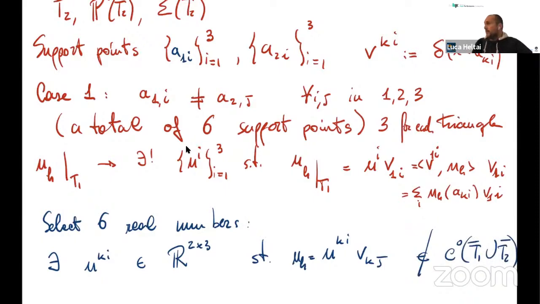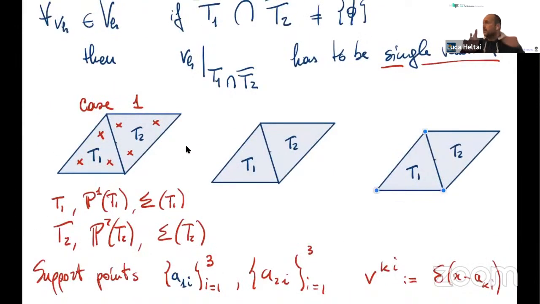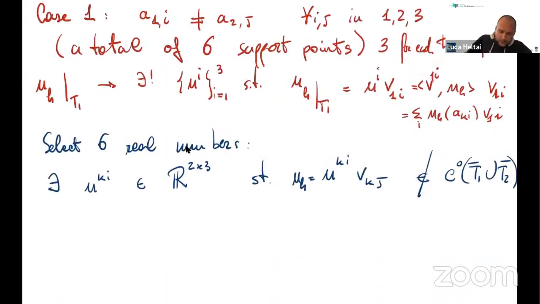And the reason is simple. You can select arbitrarily 2 functions here, and you can have objects which are absolutely non-continuous on the 2 planes. And why is this a problem? Well, it's not a problem if you're trying to construct the space VH.